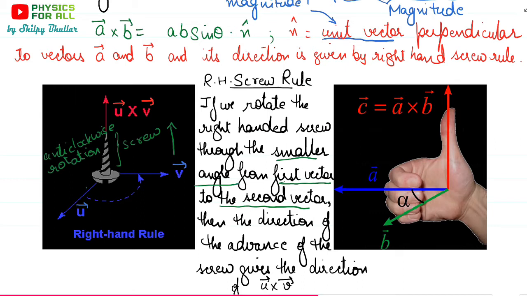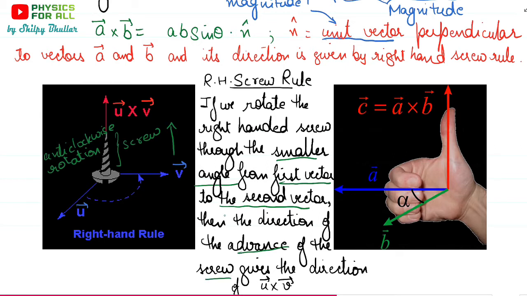You can see that u and v have this angle also in between them, but we have not considered that larger angle. We only consider the smaller angle. So when we rotate the screw from the first vector to the second vector, the direction of advance of the screw gives the direction of u cross v.